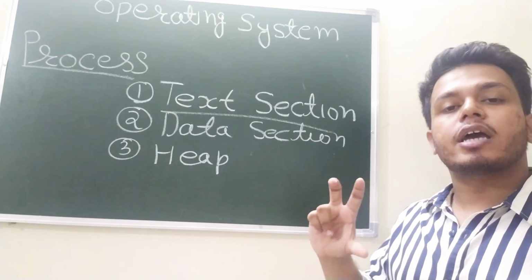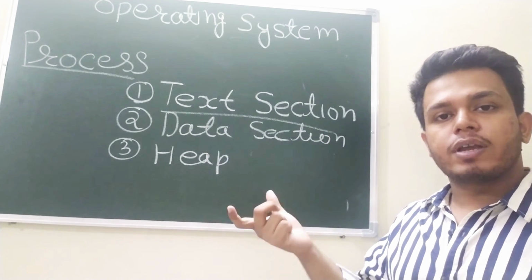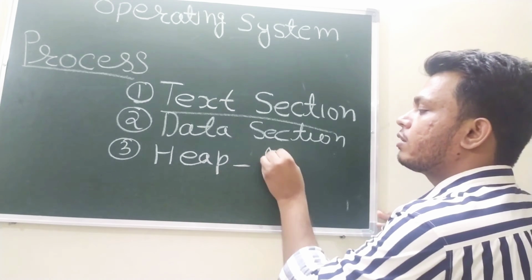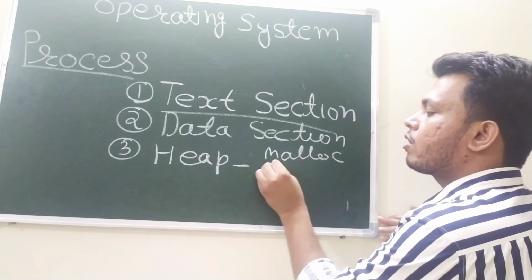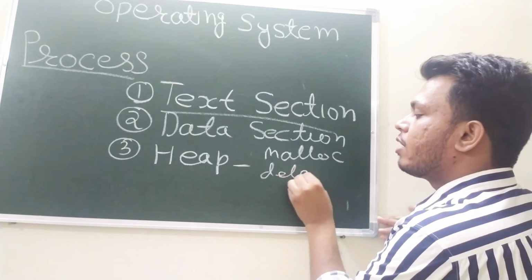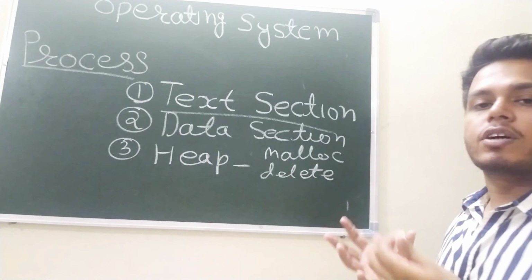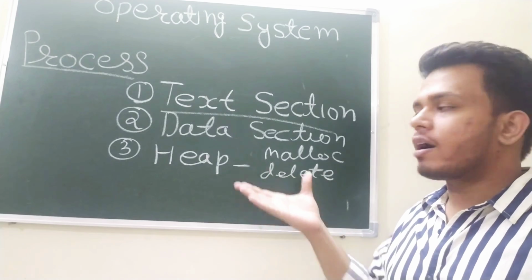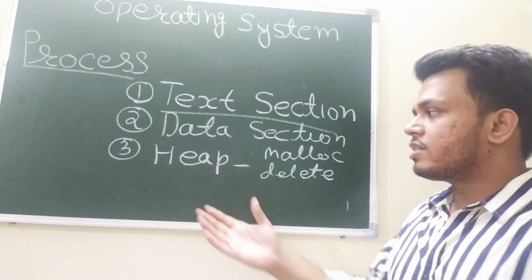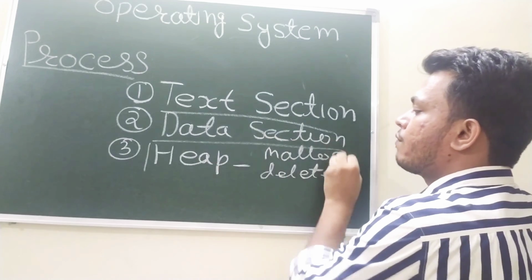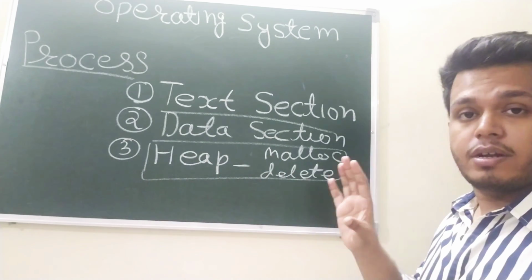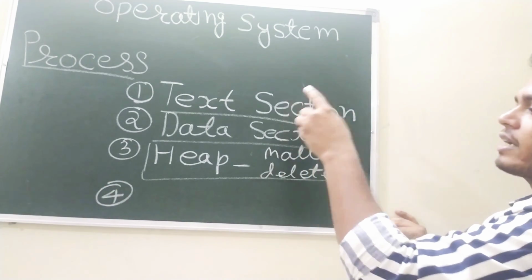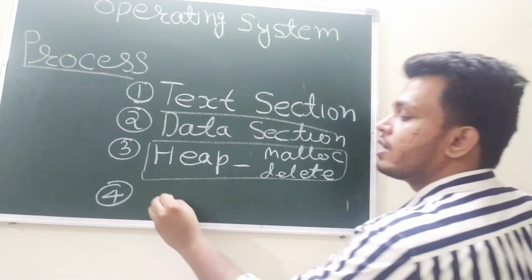When the memory is allocated at run time, through different functions like malloc, calloc, delete and new, these functions allocate the memory at runtime. This kind of data comes under the category of the heap, and this is a separate section in a process, right? So the fourth and last section, after the text section, data section and heap section, is the stack section.